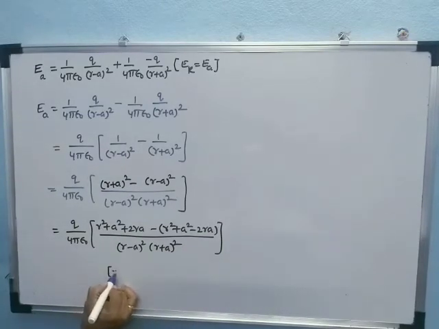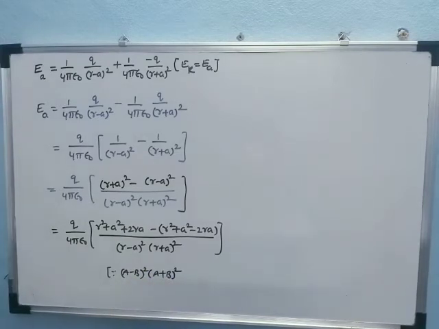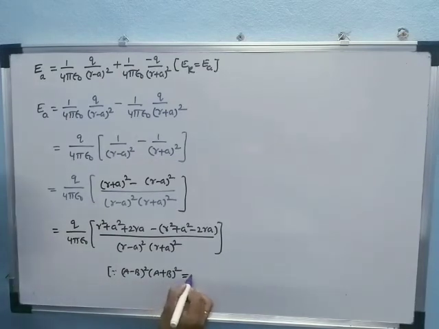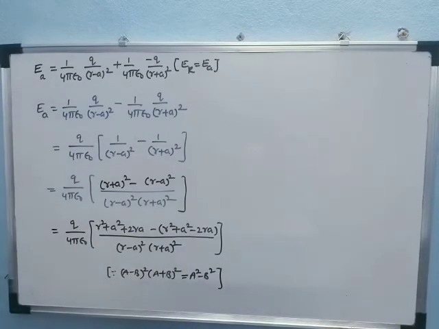Here is (A minus B) into (A plus B), which is one of the algebra formulas: (A minus B)(A plus B) is equal to A square minus B square.